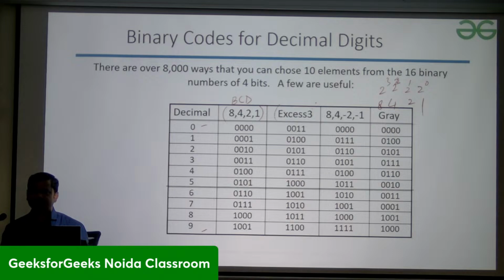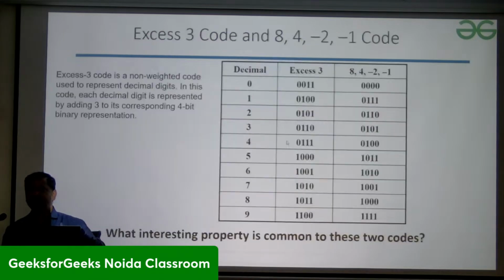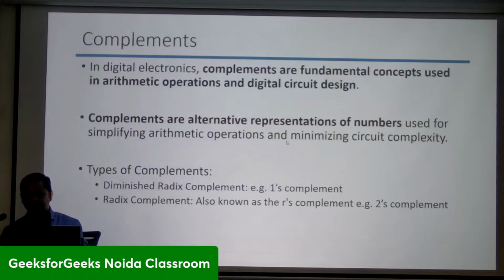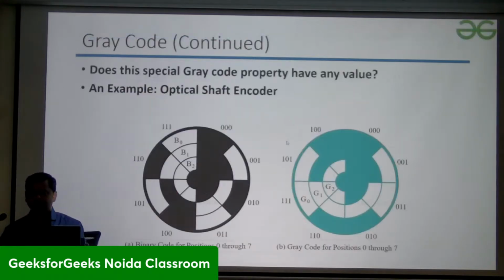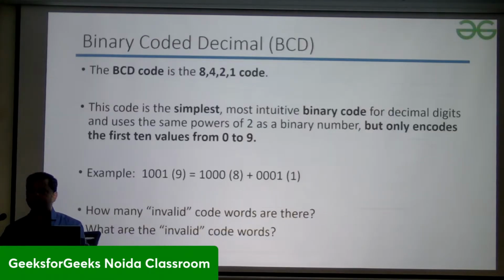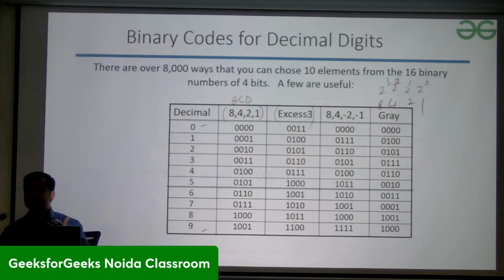Excess 3, by the name itself, whatever is the current value plus 3. So 0 plus 3, 2 plus 3 and so on. Just look at the value.